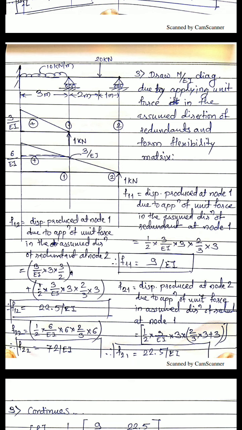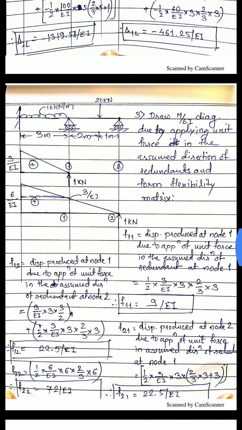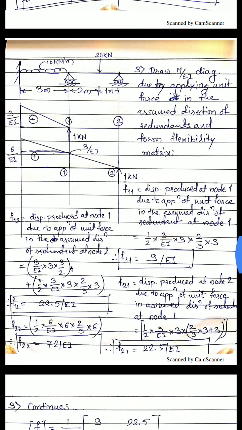Once again you will divide this trapezoid into two parts. One is a rectangle, the next one is a triangle. The first, the rectangle, has area 3 by EI into 3, into half of the central distance, that is 3 by 2. So 3 by EI into 3 by 2 is my first rectangle part, and then the next is the remaining triangle.